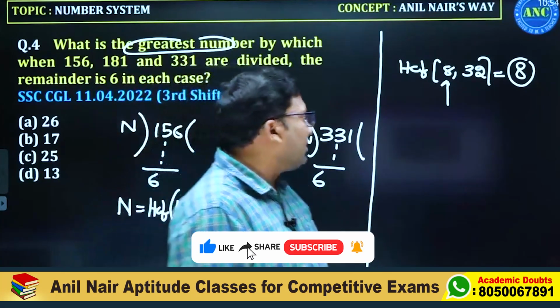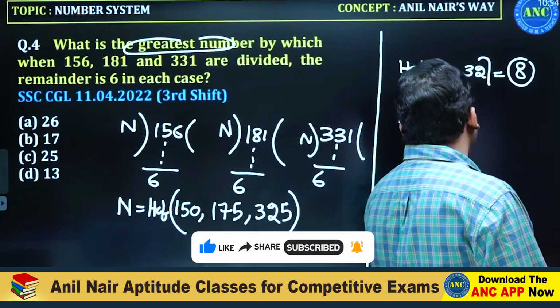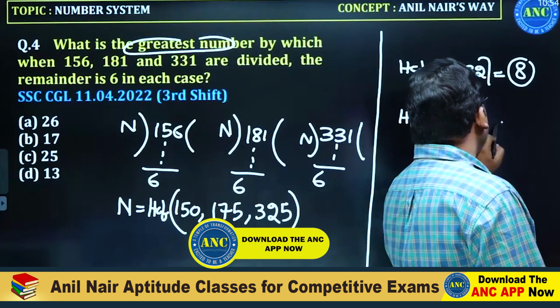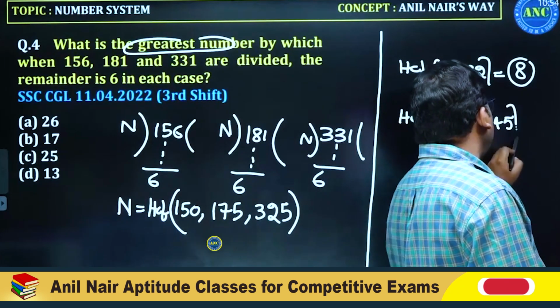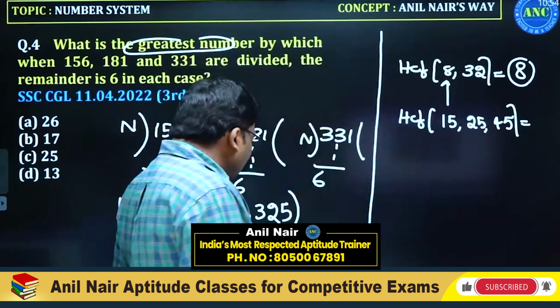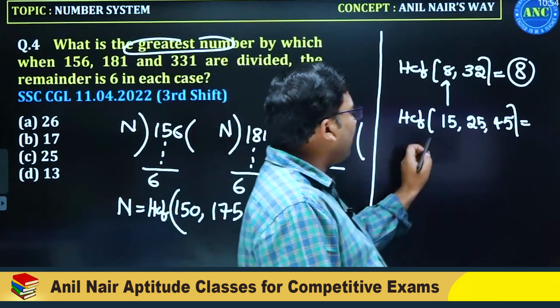If it is not dividing, how to do? Take this example: 15, 25, 45. Attention should be on the smallest number, 15.